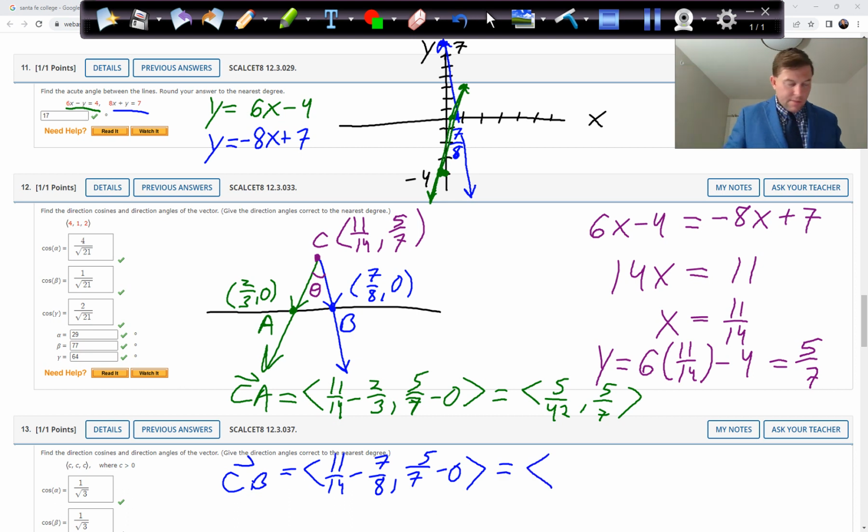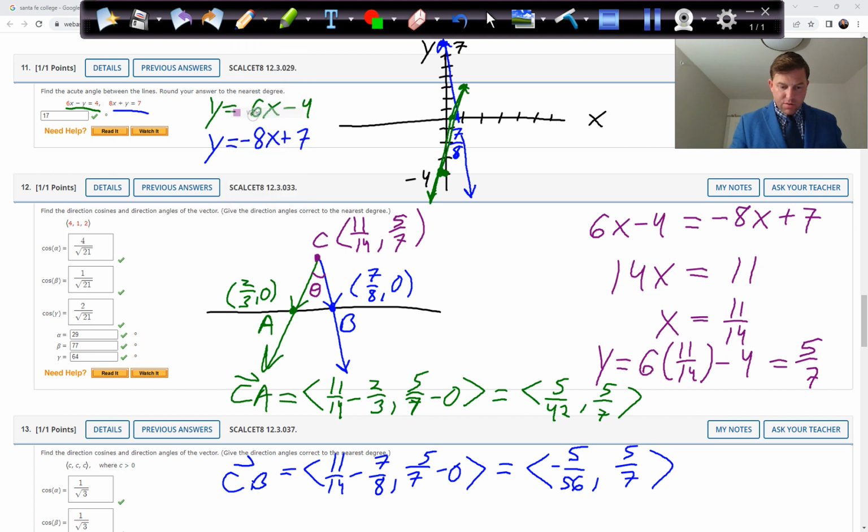And if you do that one correctly, you should get minus 5/56 and 5/7. Okay, now that's just to get these two vectors. Now you have to plug it into the formula.